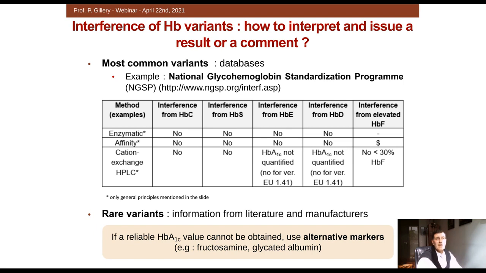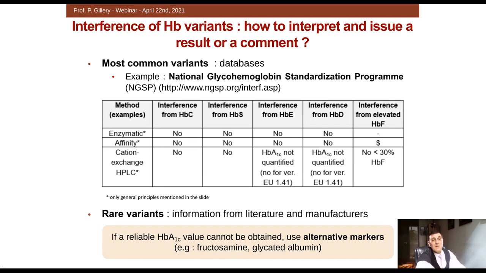You can find here tables with the different methods. Here I have mentioned as an example only the principle of the method, but on the website are mentioned the names of the commercial techniques used, and you can see the interference from HbC, HbS, HbE, HbD, elevated HbF, and this can help you to interpret most of the cases.